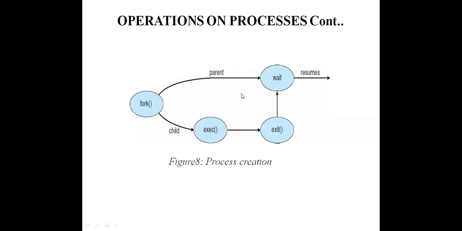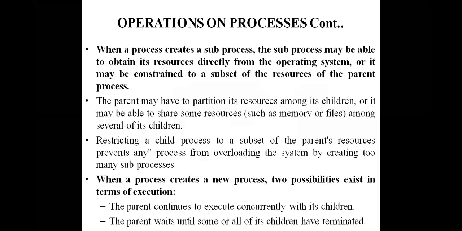That means in this diagram, the parent is waiting for the child termination. The parent is not running parallelly here in this particular diagram. That is the first case. What is the second case? Here, observe, the parent continues to execute concurrently with its children.